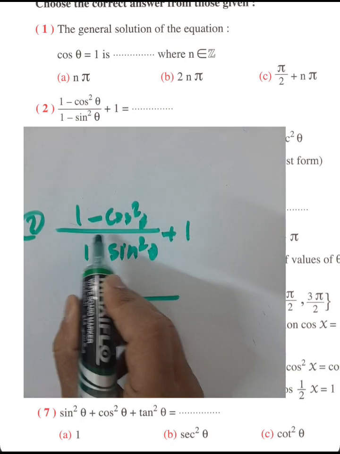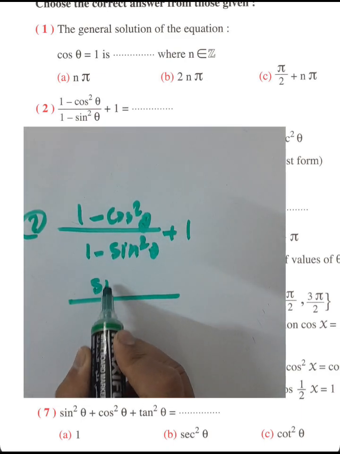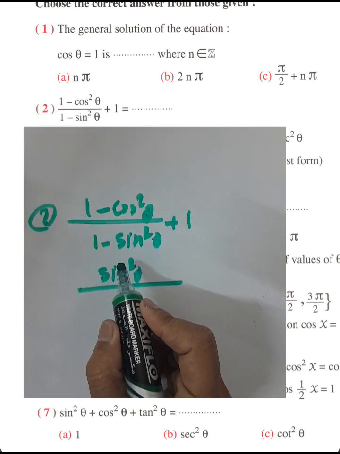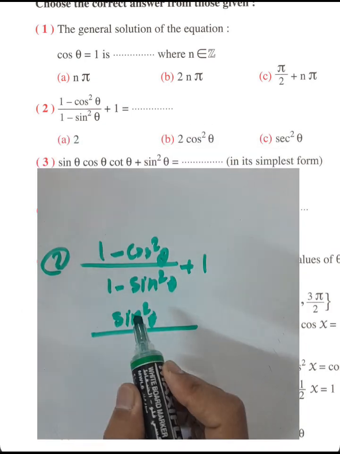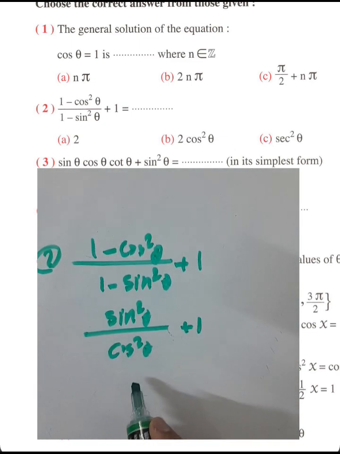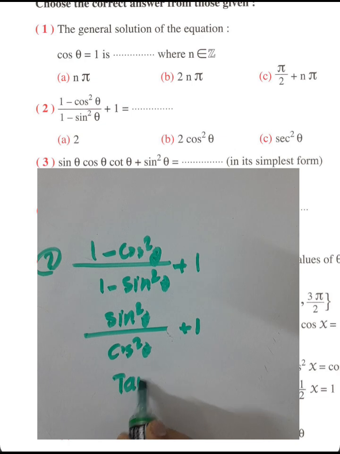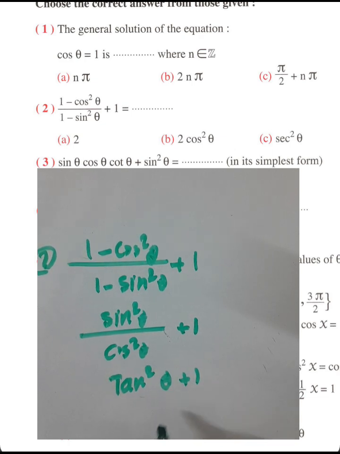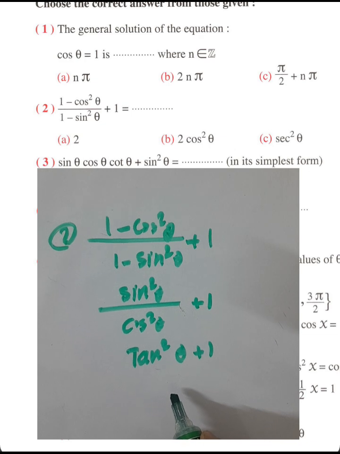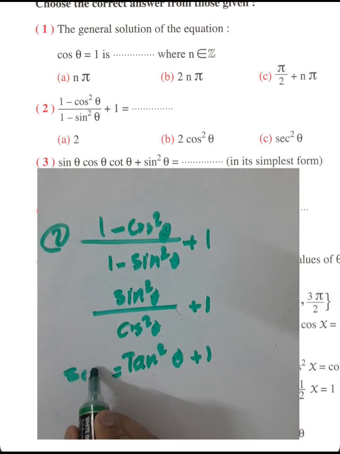We know 1 minus cosine squared theta is sine squared theta, and 1 minus sine squared theta is cosine squared theta, plus 1. Sine over cosine is tan, so we can write tan squared theta plus 1, and the result is sec squared theta. It's a rule.